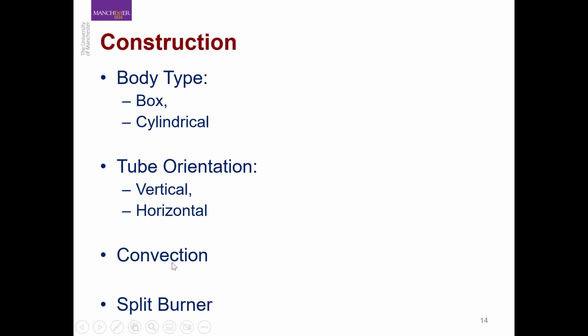And then we will also look at whether the furnace has a convective section, because in some furnaces we might decide not to use a convective section for some design reasons. And then finally we look at what split burners are and how we can use these split burners to divide different sections of a furnace.